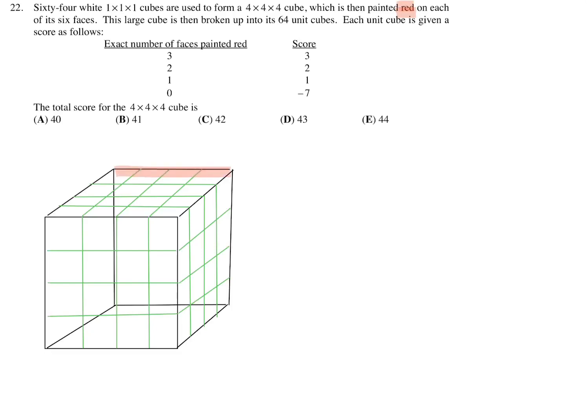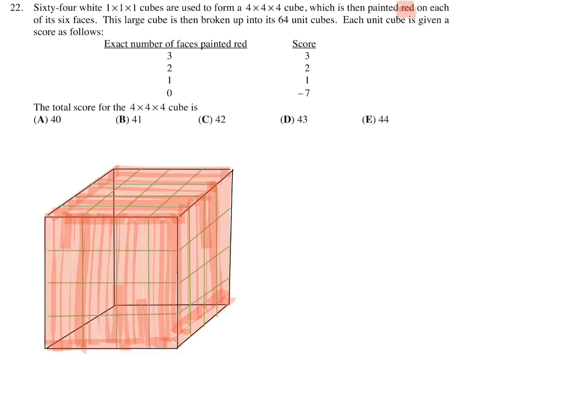So all the way around, they paint it red like this. So now at this point, now that it's painted red, we have to figure out how many cubes have 3 red faces, how many have 2 red faces, 1 and 0.